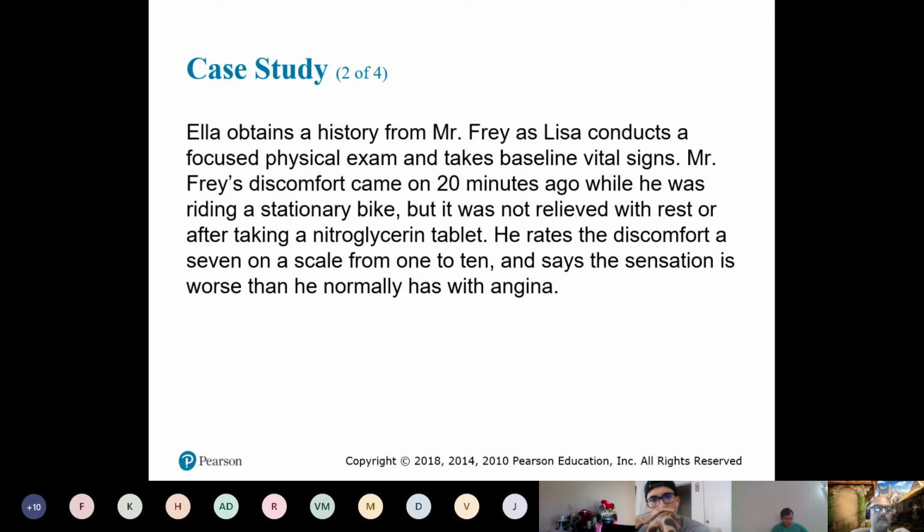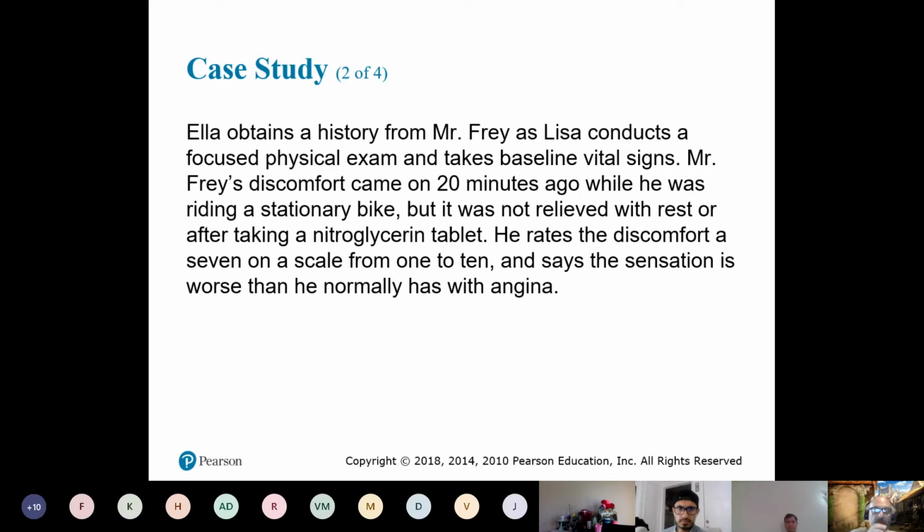All right, so Valeria obtains a history from Henry. Sequoia conducts a focused physical exam and takes baseline vital signs. Henry's discomfort came on 20 minutes ago while he was riding a stationary bike.